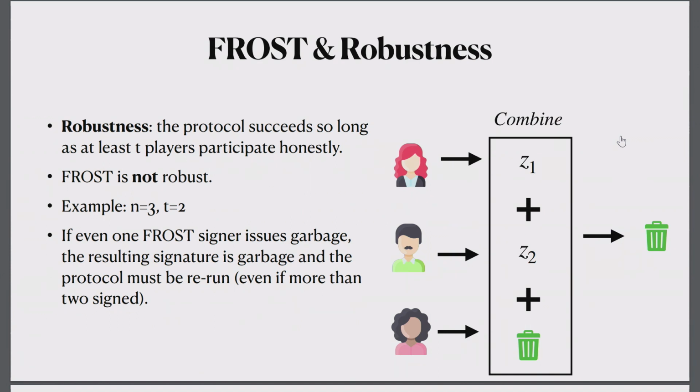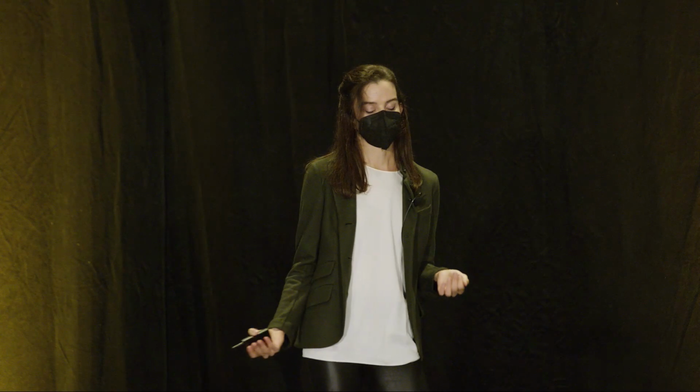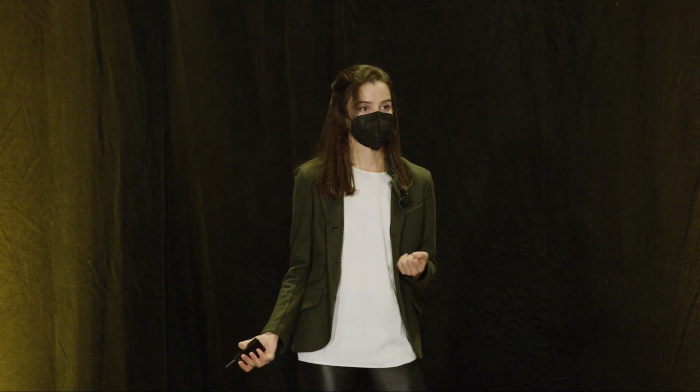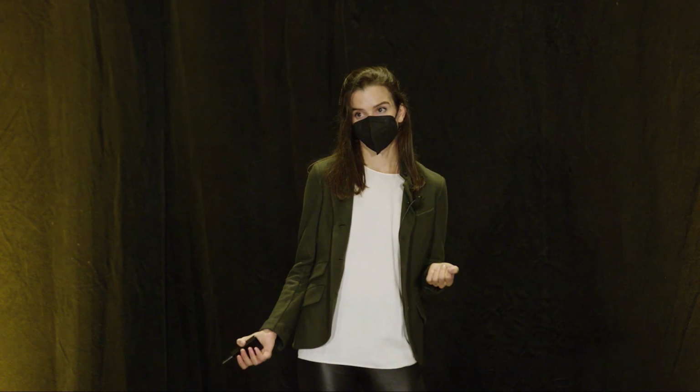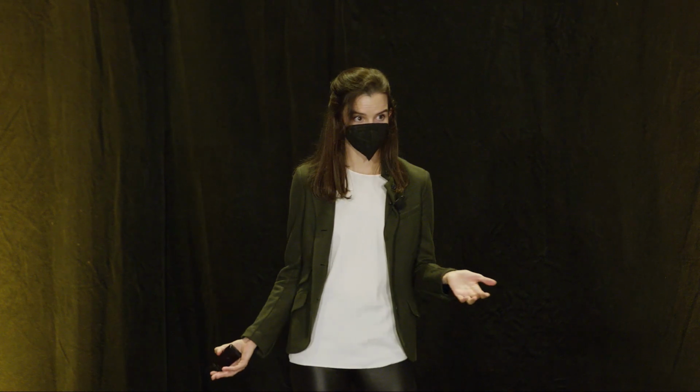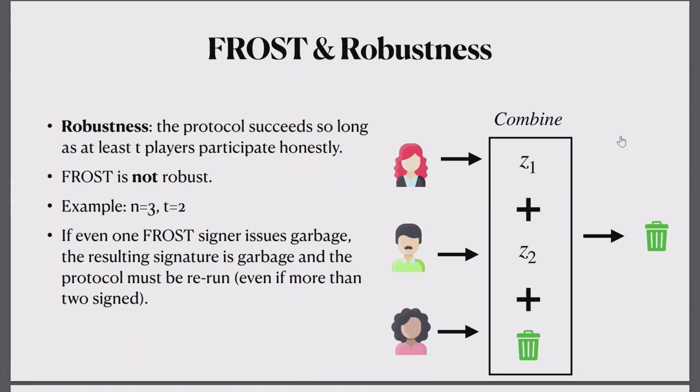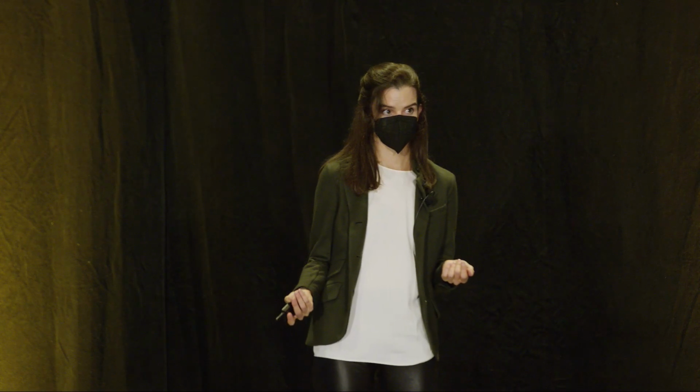Now, what's nice is Frost does fulfill the notion of identifiable abort. And what identifiable abort means is that if someone does contribute garbage, you can identify the player that did, and then you can kick them out. So it's not so bad. You can say, okay, someone, either maliciously or not maliciously, contributed garbage. Let's exclude them and figure out what happened. We can still hopefully sign using the remaining number of players. But there's some kind of performance trade-off with that.